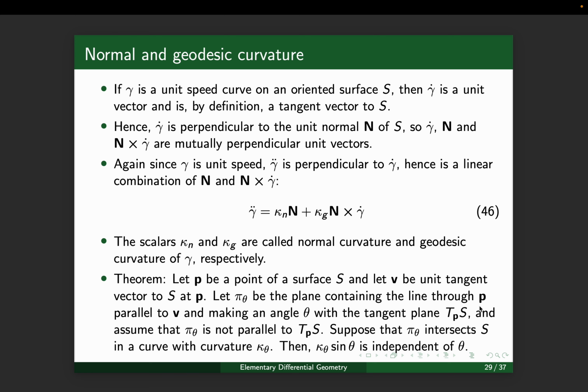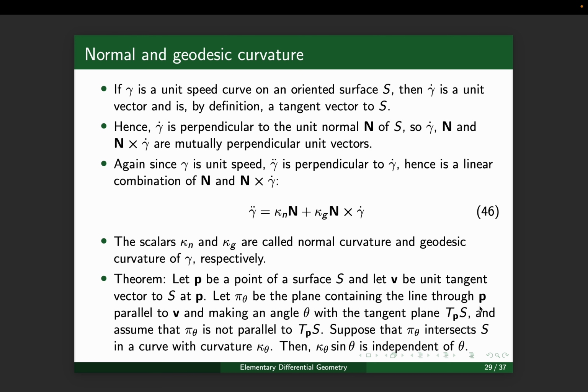So the gamma double dot can be written as a linear combination of the standard unit normal and the standard unit normal cross gamma dot. The coefficient attached to the standard unit normal is called the normal curvature. The coefficient attached to the standard unit normal cross gamma dot is the geodesic curvature.